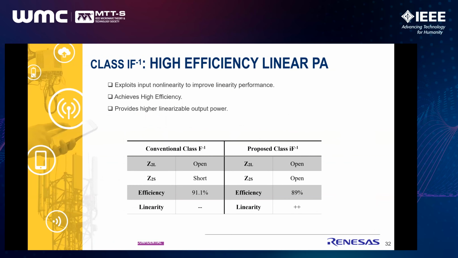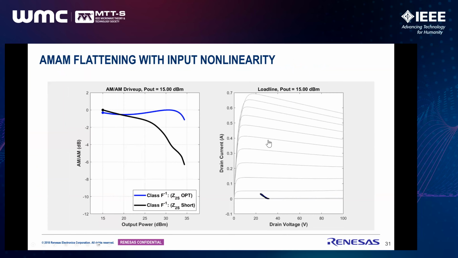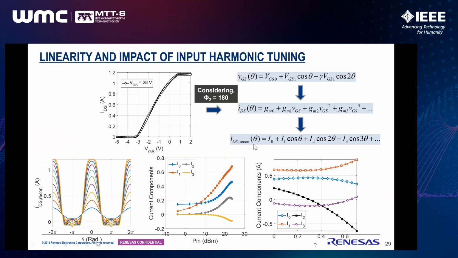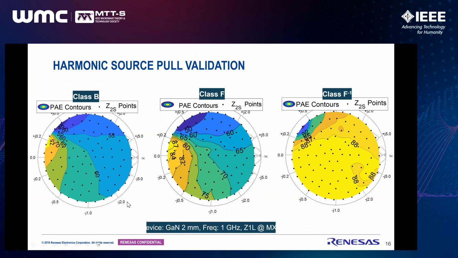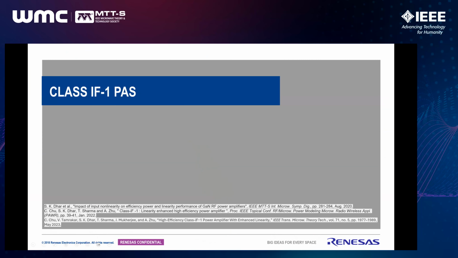So by that, we introduced another class of power amplifier operation, where we can keep high efficiency as well as linearity for the power amplifier. You can check the paper I cited here, published in TMTT by Chen-Hao Chu.